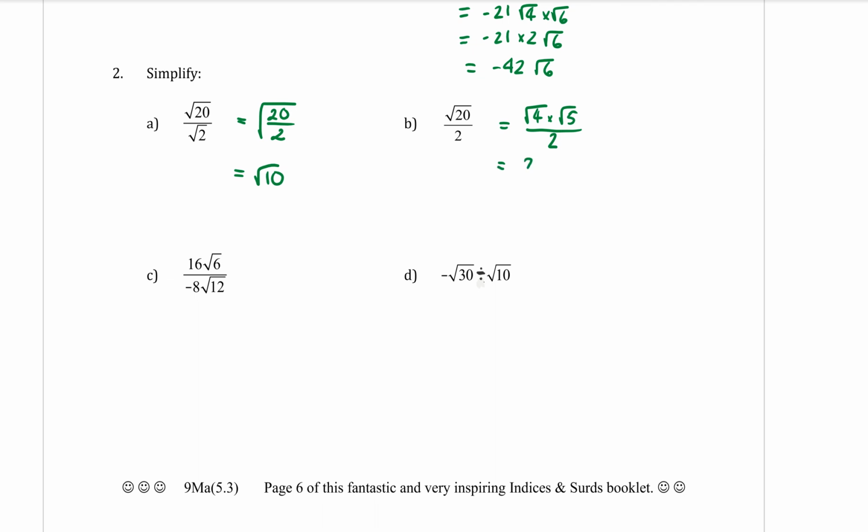So it becomes 2 square root 5 over 2. Now, these normal numbers, I call them normal because the surd's a little bit of a new thing, the normal numbers out the front cancel just like any normal fraction would. If I have a 2 on the top and a 2 on the bottom, cancel them out. And I just get square root of 5 left as my answer.